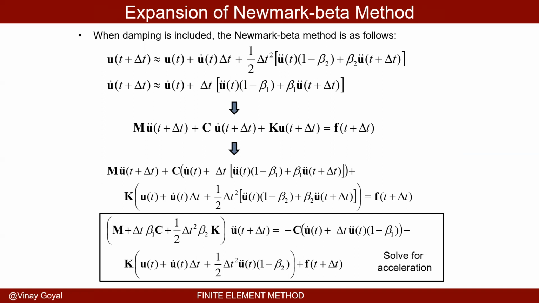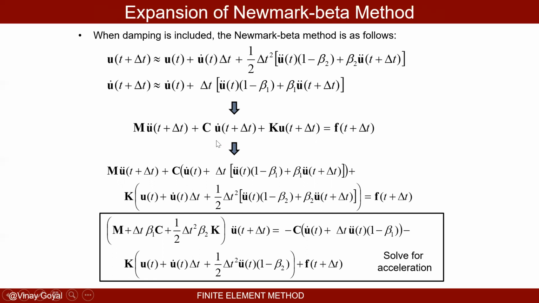This was discussed in lecture number 14. I discussed how to deal with this. The velocity can be approximated using Taylor series expansion as well. But now you can actually use this directly here because now I have damping included. You can also include this into this equation, and then you get this equation here.